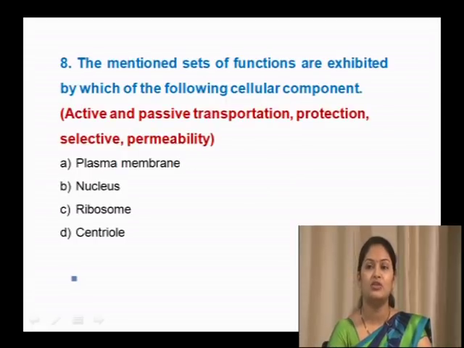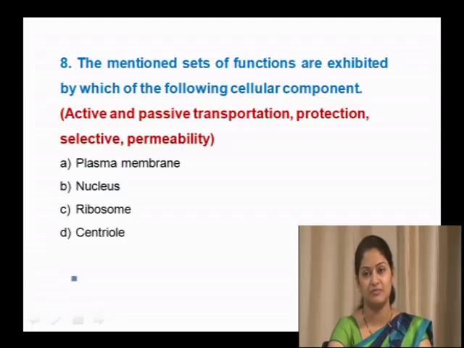The mentioned set of functions are exhibited by which of the following cellular components? The functions are listed in the bracket: active and passive transportation, protection, and selective permeability. So these functions, transportation, providing protection, and being selectively permeable, are the property of the plasma membrane.